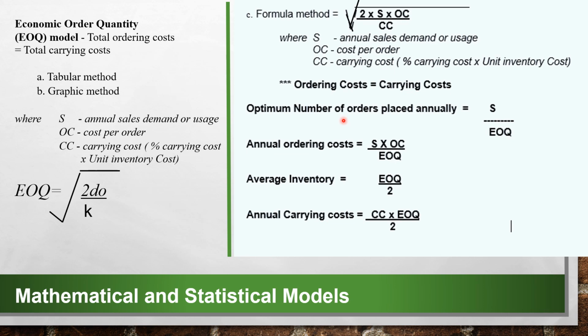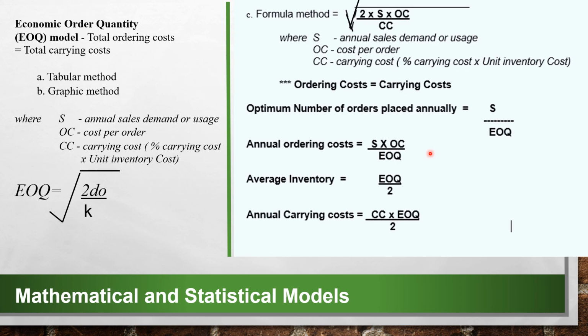That is 2 times demand times order cost divided by K, because K is usually associated in financial management with the return, the return of carrying capital. Again, at EOQ, ordering cost is equal to carrying cost. What is the optimum number of orders placed annually? We divide the sales demand by the EOQ, and that gives us how many times we place an order. The annual ordering cost is the demand divided by the EOQ, multiplied by the ordering cost.